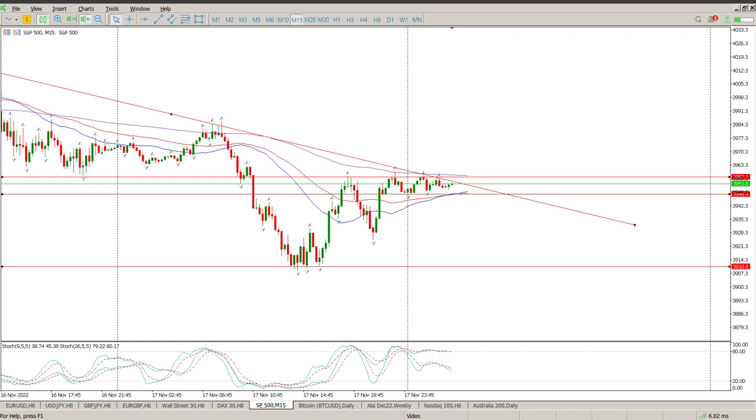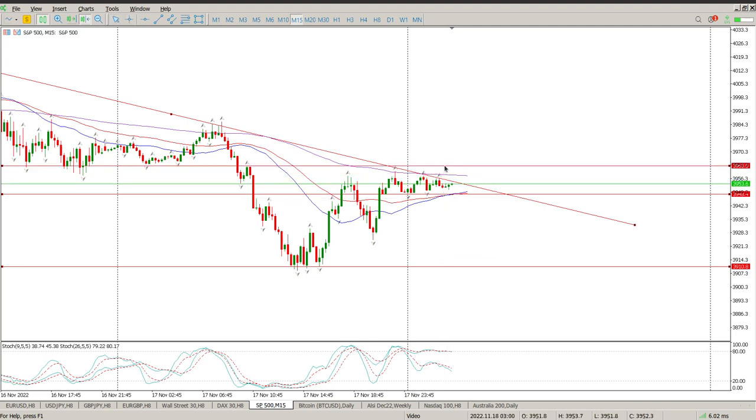So 3900 seems to be the area that everybody's aiming for. So I would be a little bit cautious here. I suspect we're going to get a rejection here sometime today, running down to 3900 and then probably a bounce. So that would mean I'm looking for break and retest of 3948. Break and retest 3948, 3950. You're looking for 3900. I think that's pretty much a sure bet trade at the moment.